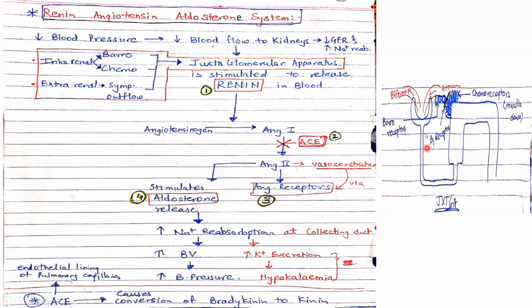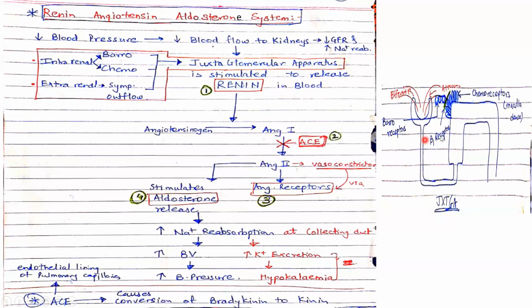Because of this slow movement, the renal membranes, the nephron membranes, get more time to absorb sodium. Why do they take more time to reabsorb sodium? Because there is less fluid, moving at a lesser rate. So sodium reabsorption becomes very much effective.